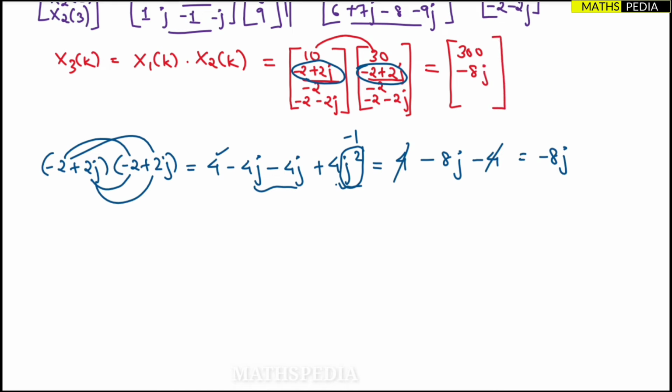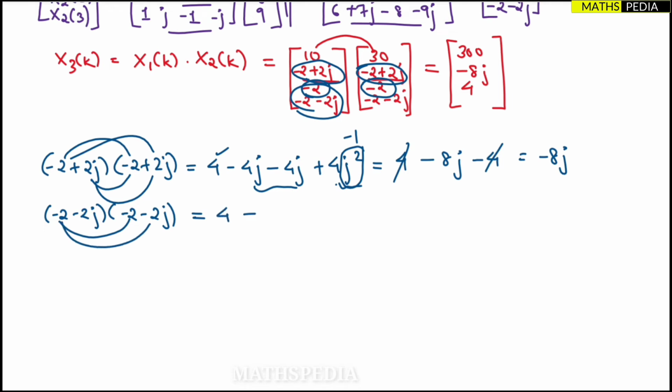Next, we will go for the next multiplication. We can see here minus 2 into minus 2. Minus 2 into minus 2 will be plus 4. We can directly put that value here. Next element multiplication: I'll write it here, minus 2 minus 2j into minus 2 minus 2j, correct? So which is equal to, multiply again, minus 2 into minus 2 is plus 4, then minus 2 into minus 2j is plus 4j. Remember, see the signs.